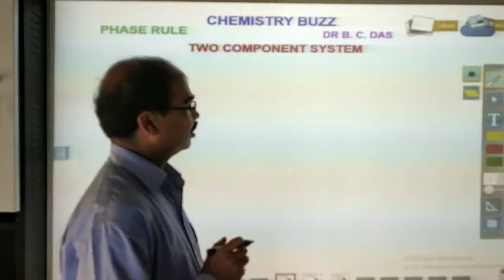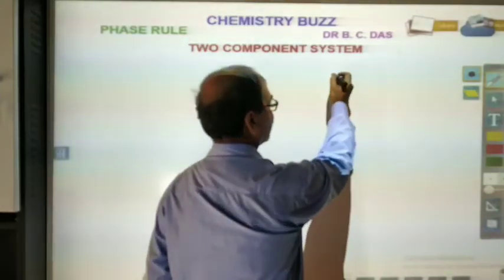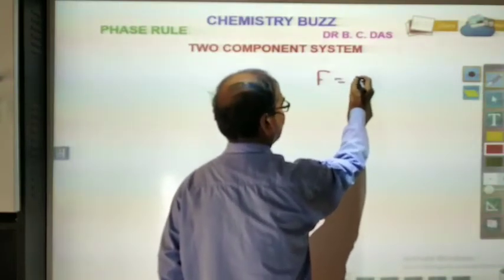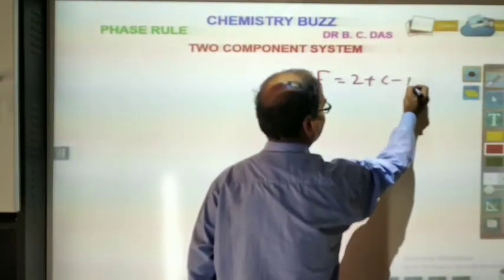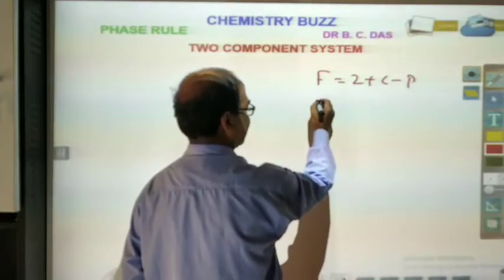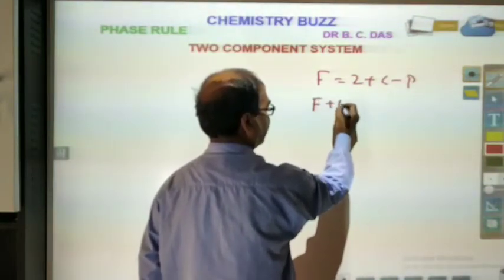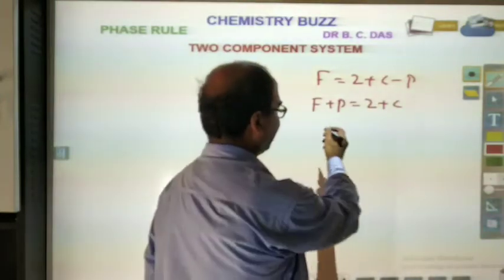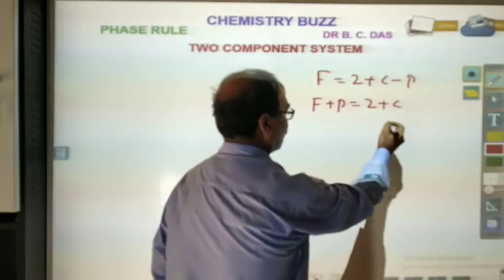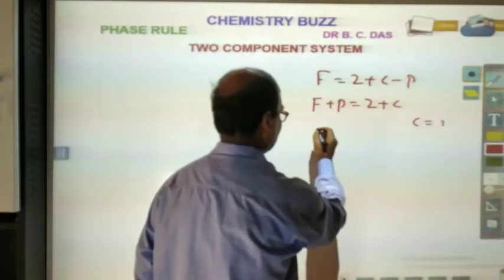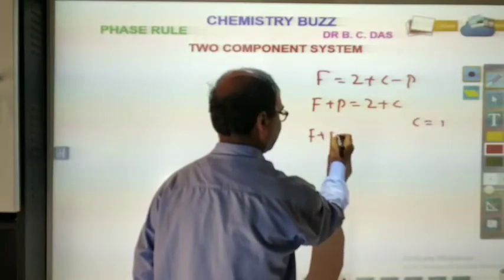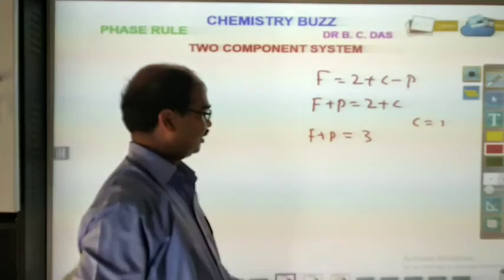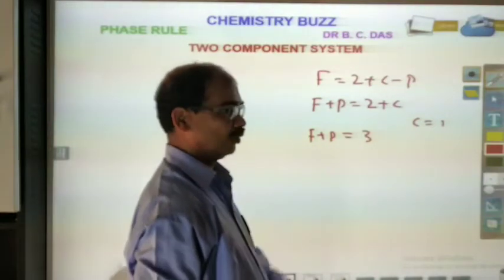You know the Gibbs phase rule: F is equal to 2 plus C minus P, or we can write F plus P is equal to 2 plus C. When component C is equal to 1, we have F plus P is equal to 3. So the degree of freedom and the number of phases will be equal to 3.